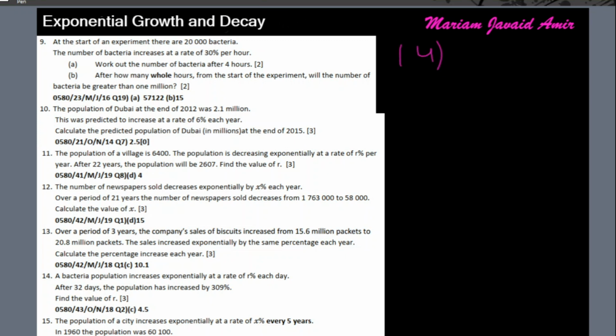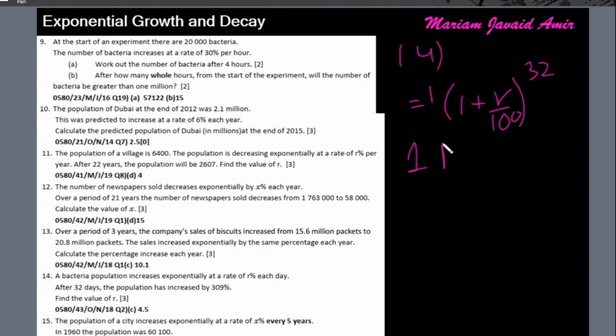A bacteria population increases exponentially at the rate of r% each year, so 1 plus r over 100. After 32 days, the population has increased by 309%. Find the value of r. Now again, I don't have the initial value or the final value, so I could use x, but I want to avoid algebra, so I'll assume my initial value is 1.